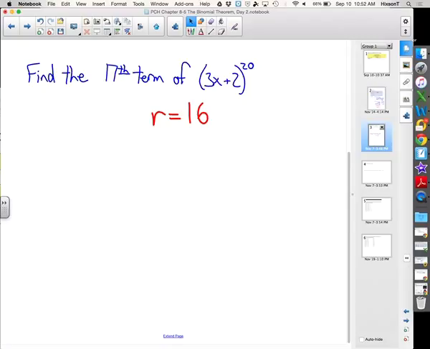That should be the 16. Yeah, the term number is always one more than R. Remember, R goes with the second one, so these should be switched. Yeah. You can write it.